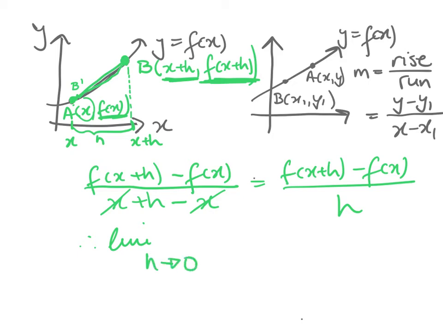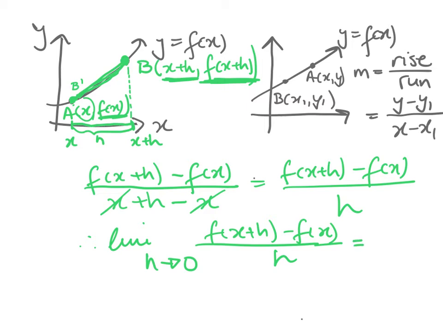H is approaching 0 because B is getting so close to A, which means that h is getting smaller and smaller, so close, it's approaching 0. And then we have f of x plus h, take away f of x, over h. We call this finding the derivative of the function using the first principle.